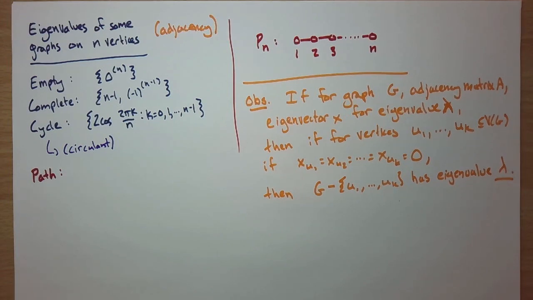We have some eigenvector that's going to be a bunch of zeros here, and then a bunch of other stuff. All right, the eigenvector has been rearranged, so all the zeros are at the start. When we multiply this, we're going to get this, and then this will be lambda times the eigenvector. Sure. When you multiply this eigenvector by this matrix, these are all zeros, so this doesn't matter.